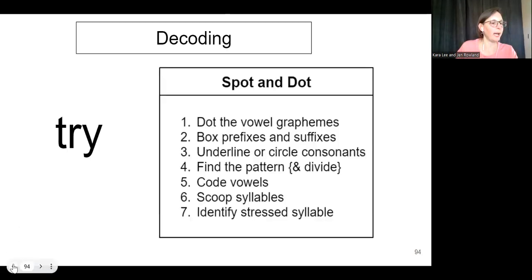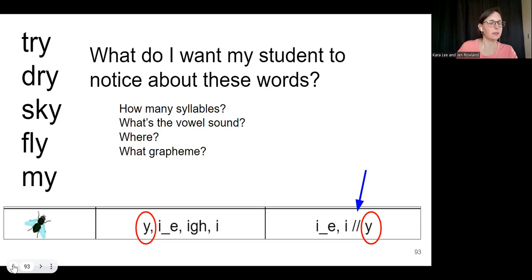If we look back here, you see, notice, I haven't circled the letter I over here in reading. And I haven't circled the single letter I over here.